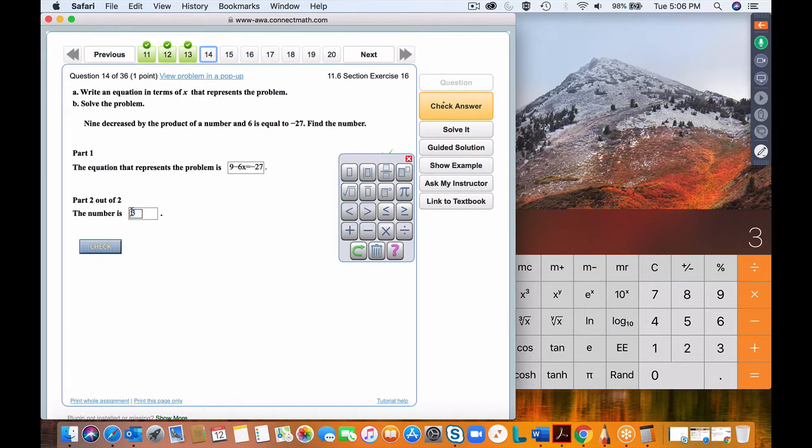Remember, if it is negative, we add the negative. If the number is multiplied by 6, then we divide it by 6. So this is the trick. Difference between 9 and 27 is 18. That's the distance between 9 and 27. Since this number is with a negative, I put a negative. Since this number is multiplied by 6, I divide by 6. So 18 divided by 6 is 3.